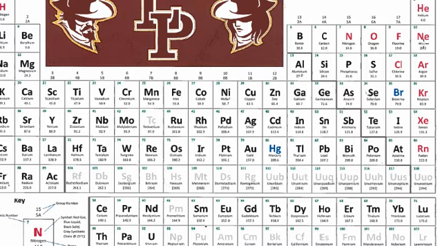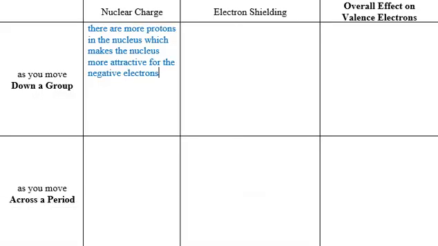Every time you move down a row, that's another energy level in the atom. So from helium to neon to argon, we're going 1 to 2 to 3 energy levels, etc. as you move down the periodic table. So as you move down a group, the number of energy levels increases. Again, those are electron layers.